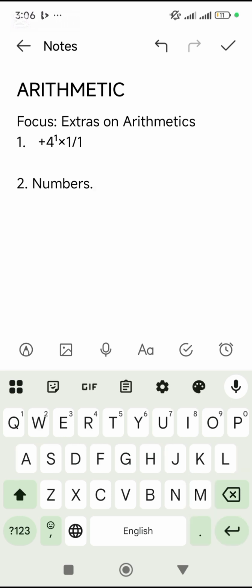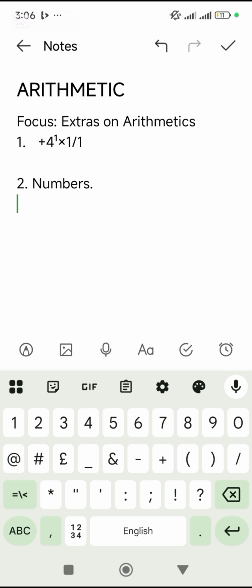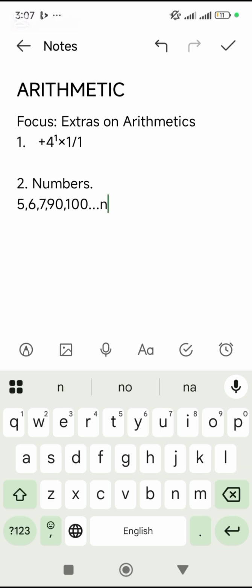Positive numbers are usually written without the plus sign along with it, unless they are participating in a calculation, or in an equation. For example, the number 5, 6, 7, 8, 90, 100, and so on and so forth are all positive numbers down to infinity, which you would call n.